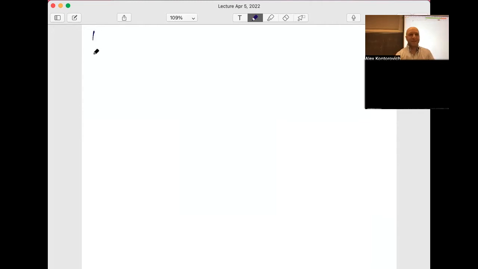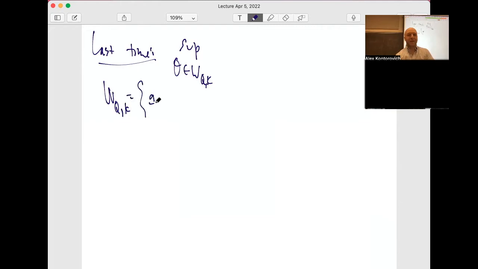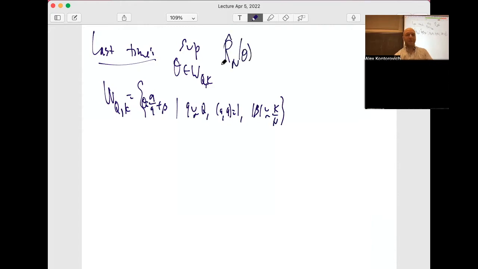So where were we? Last time we got as far as an infinity. So we basically proved that the supremum over theta in this W_{QK}, the set of theta equal to a over q plus beta, where q is of size Q, a and q are coprime, and beta is of order K over N, of the Fourier transform, this exponential sum, is bounded by, well, there was a trivial bound n to the 2 delta.